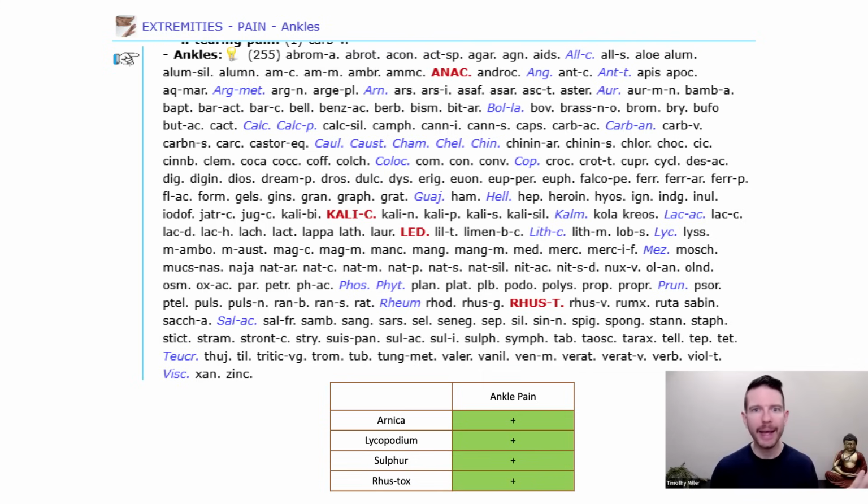Hahnemann was a smart guy; he wanted to catalog everything. I should say, other homeopaths cataloged all our symptoms. These rubrics are symptoms that contain a list of remedies that have been found to match that symptom.